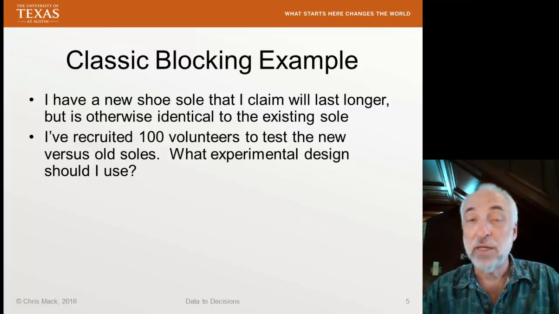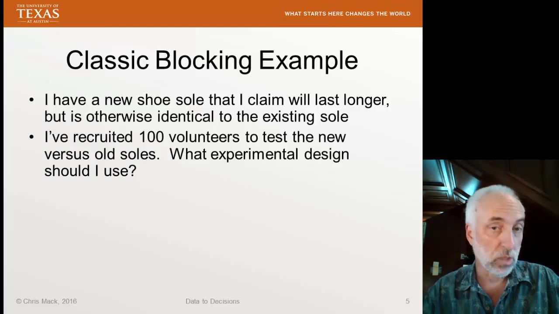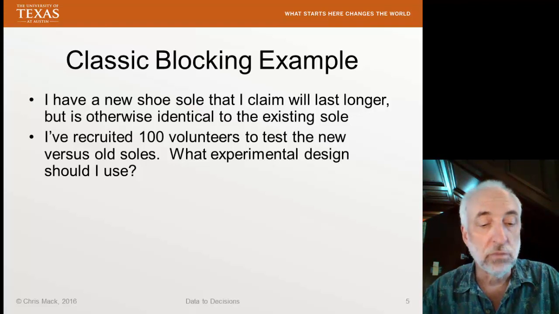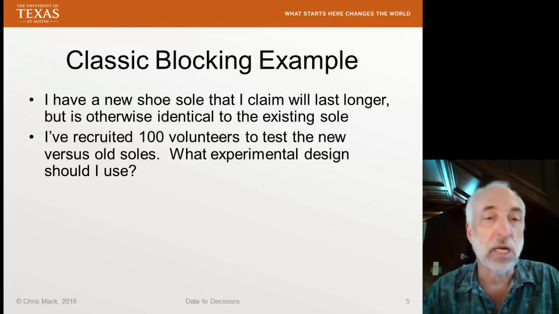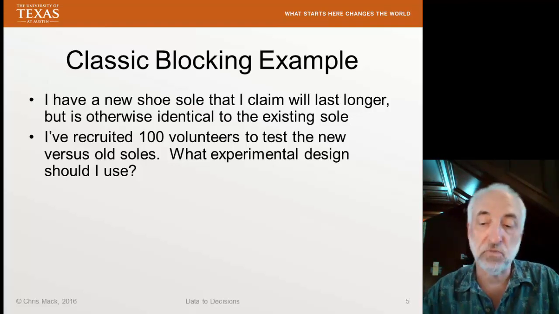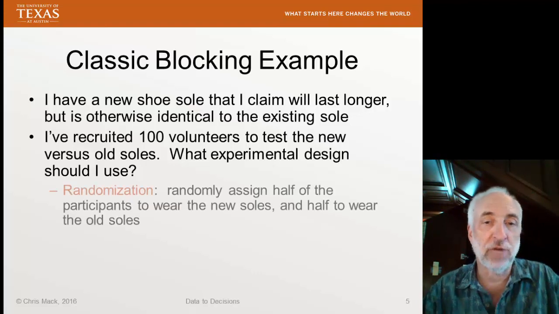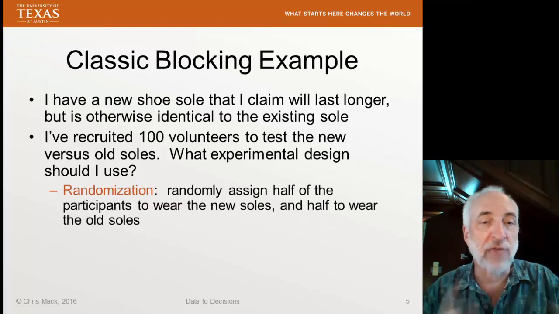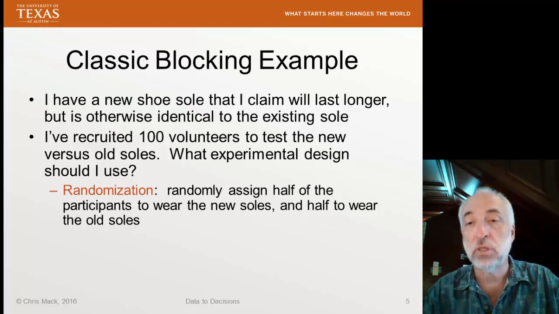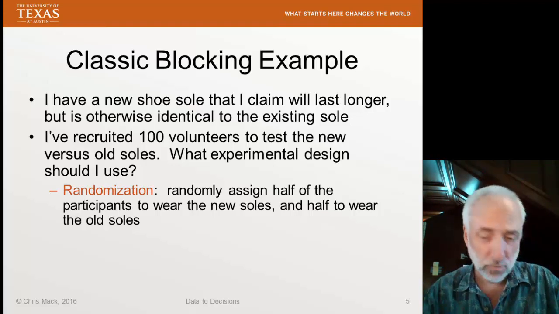What experimental design should I use? Well, the way many people would think about it would be randomization. I take those 100 volunteers and I randomly assign half of them to wear the new soles and half to wear the old soles, and I measure mean wear of each when I'm done.